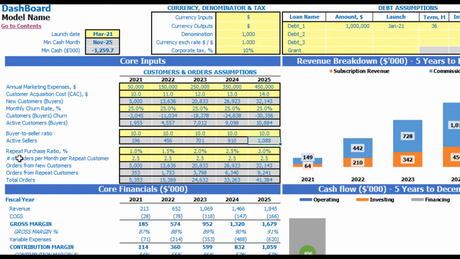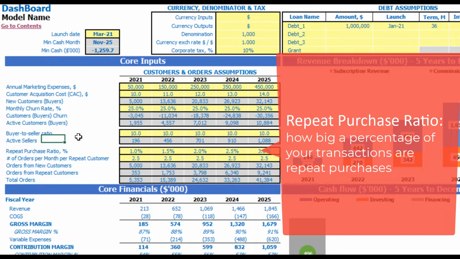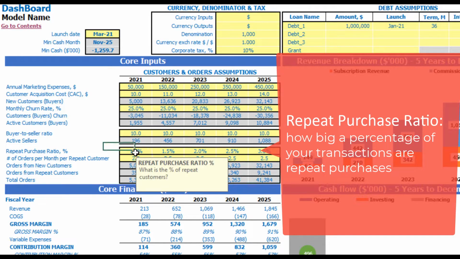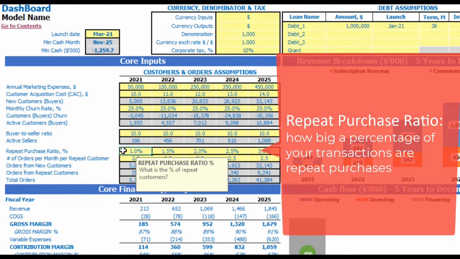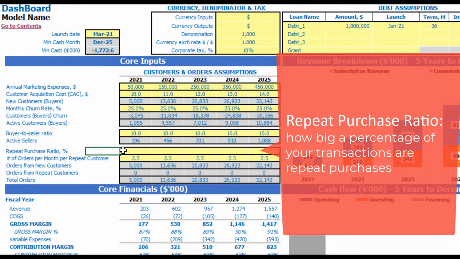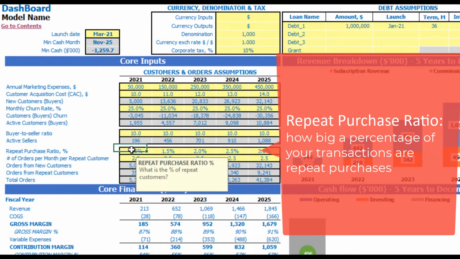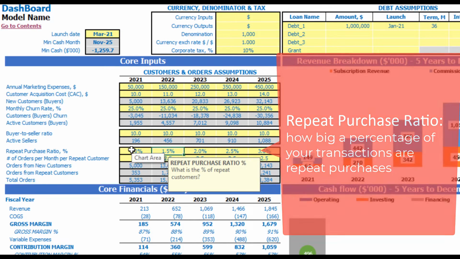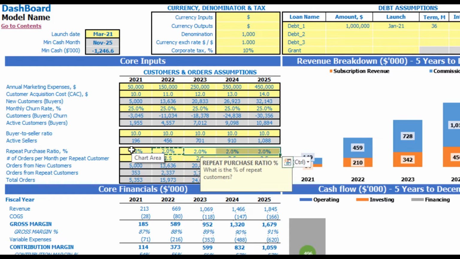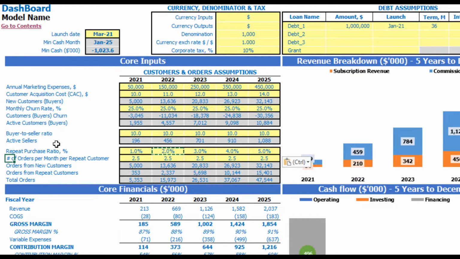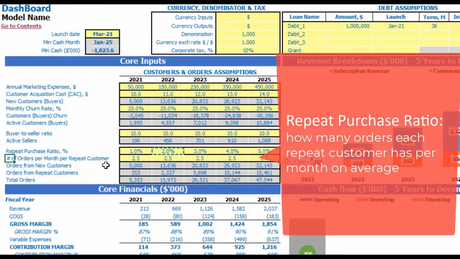In the next section, we need to input the amount of orders each month. First of all, we can set up the repeat purchase ratio. So how many purchases will repeat, how many customers will repeat their order. It can be a very low number, it can be just 0 if you don't need any repeat orders from new customers, or it can be, for example, 1% and an additional 1% each next year. Then we have the count of orders per month per repeat customer.